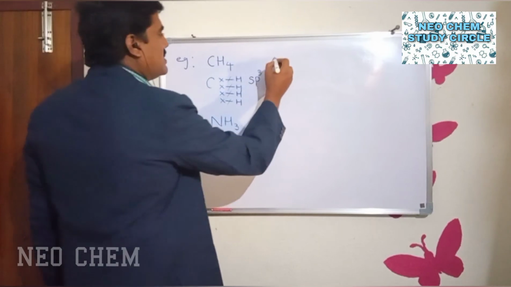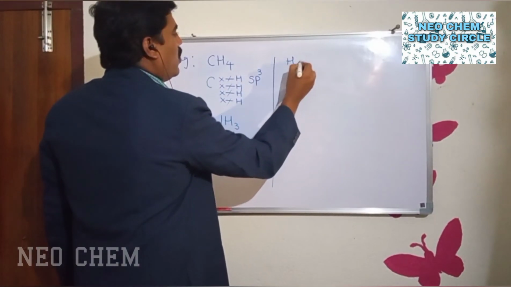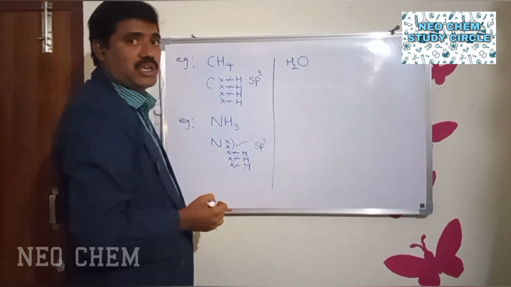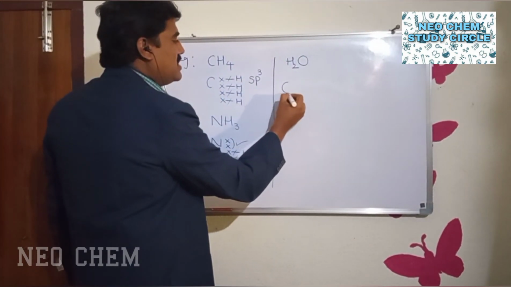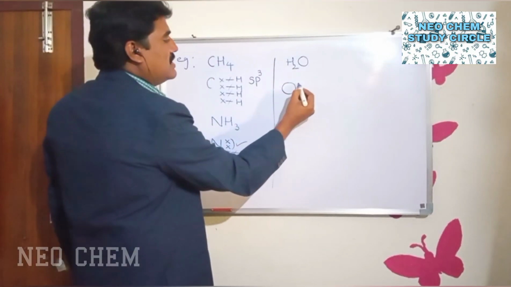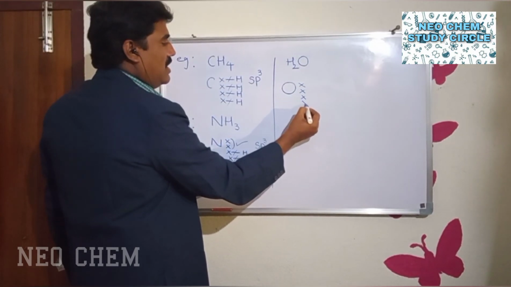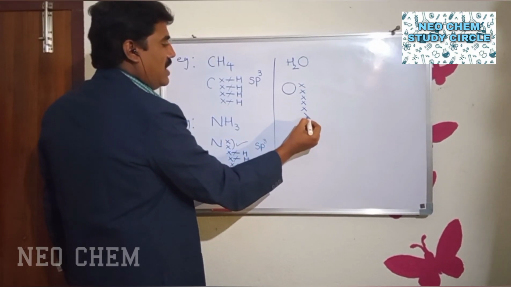Now let us take one more example, H2O. In this molecule, the central atom is oxygen, which belongs to group 6A. So we should write 6 valence electrons like this.